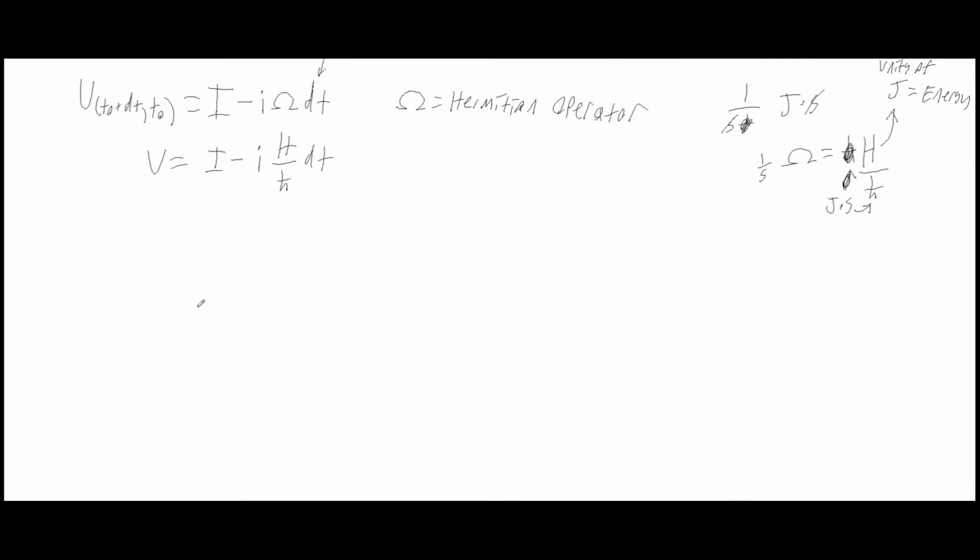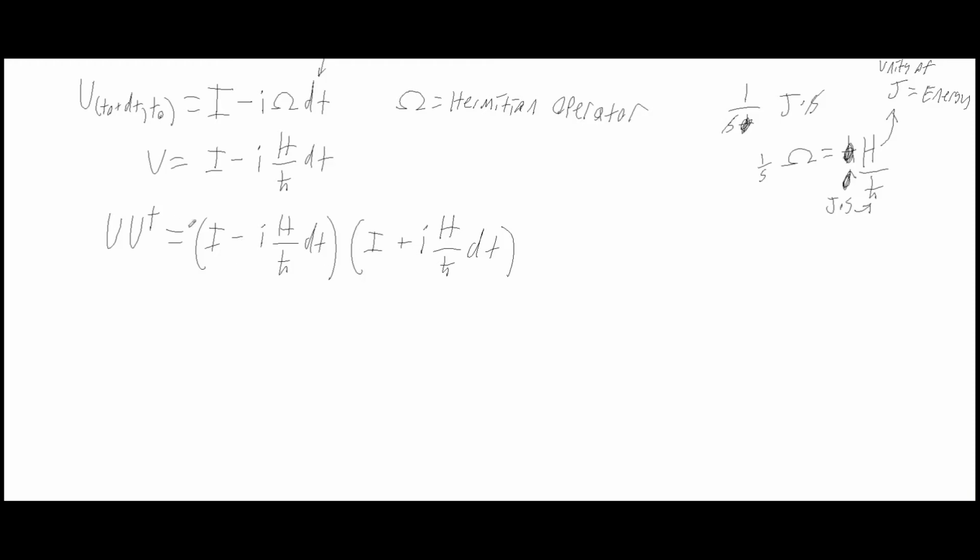Now if we want to do U multiplied by U dagger, which is the transpose and complex conjugate, that will be I minus I H over H bar dt multiplied by I plus I, because it's complex conjugated, H over H bar dt.